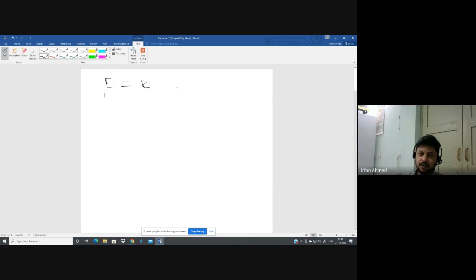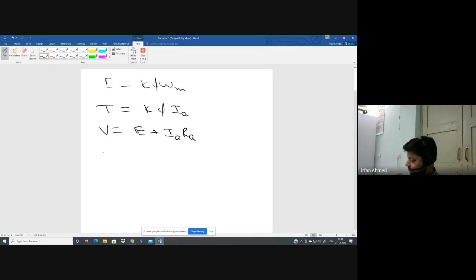So if we replace the proportionality sign by an equal to sign, you have a proportionality constant K multiplied by the flux phi and the speed omega m, or omega in radian per second. Similarly, the motor torque is equal to K phi Ia, where Ia is the armature current and phi is the flux per pole. And the applied voltage V is equal to the back EMF plus the IaRa drop.